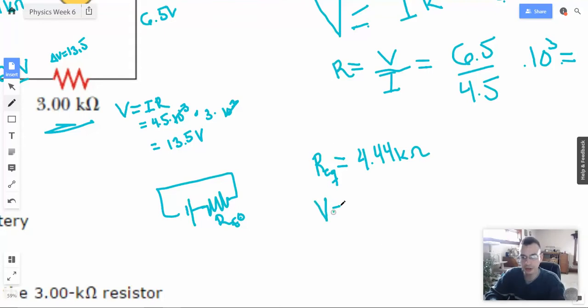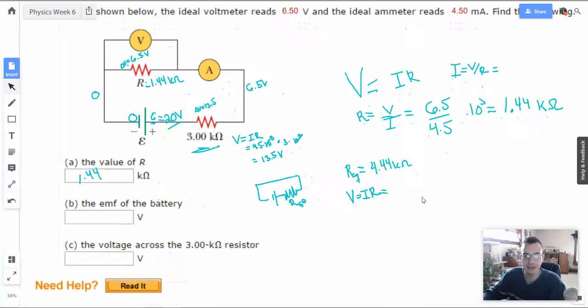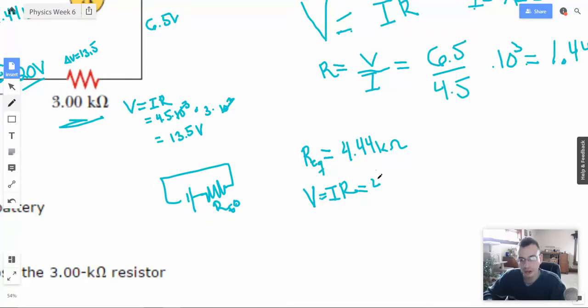So we do V equals IR, where I in this case is 4.5 milliamps. So 4.5 times 10 to the negative third times 4.44 times 10 to the third. Cancel, cancel. Oh, cancel the whole thing. There we go.